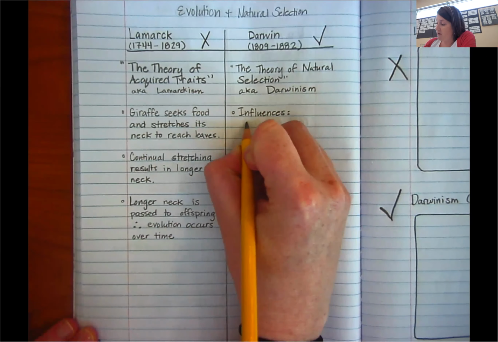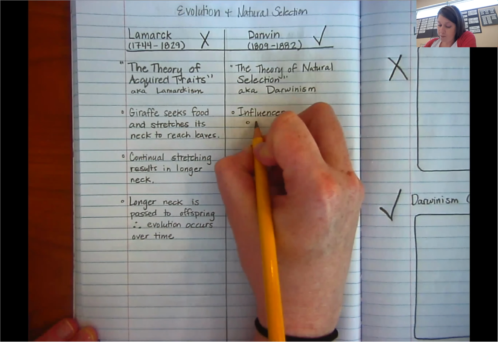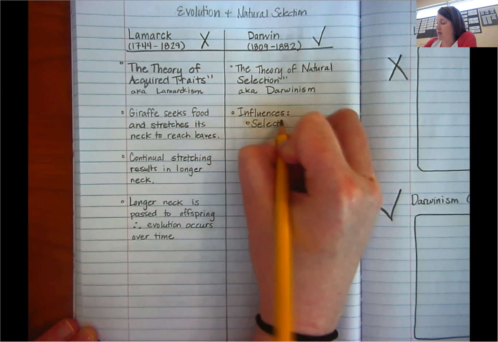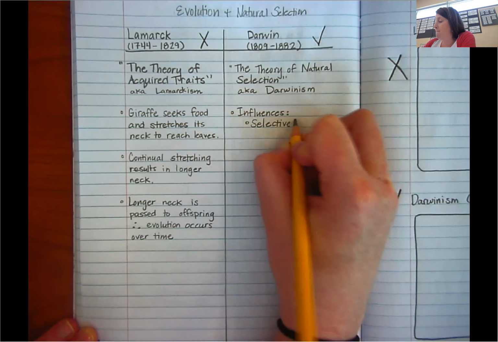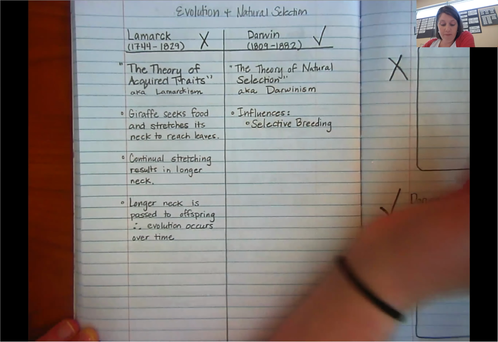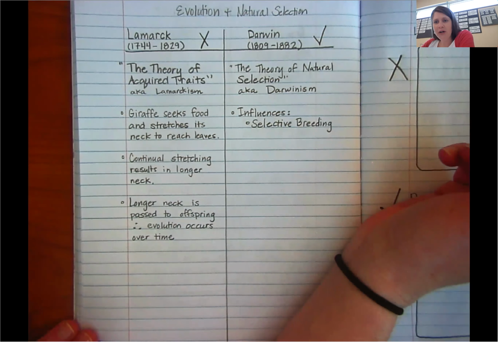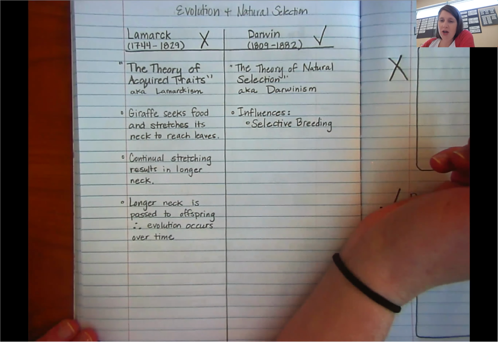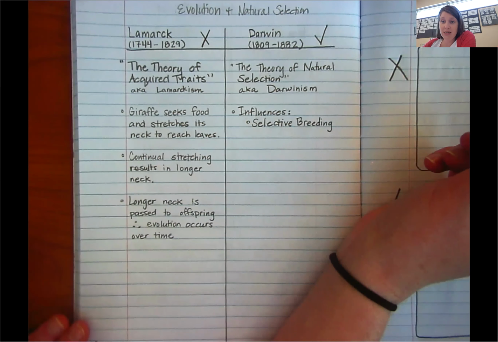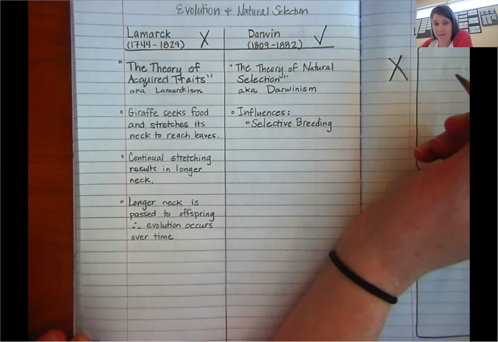So the first thing he looked at was selective breeding. Selective breeding is when, let's say you want a less furry dog, you could breed your dog with a less furry dog and create a dog that's less furry.